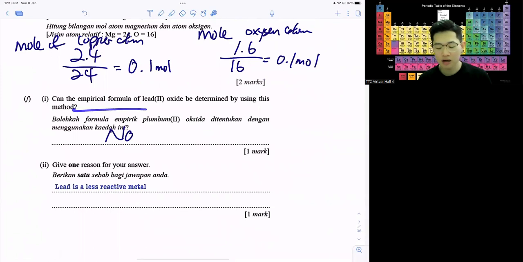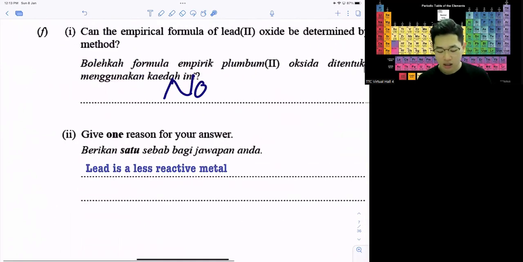Can the empirical formula of lead(II) oxide be determined by using this method? Just like I told you, all the ones with (II) use the copper(II) oxide method. So cannot. Why cannot? Because lead is a less reactive metal.